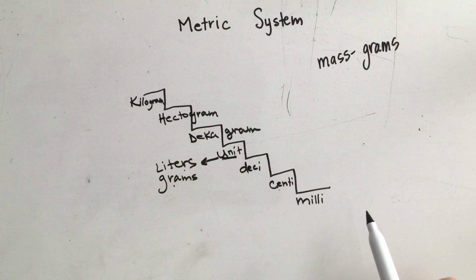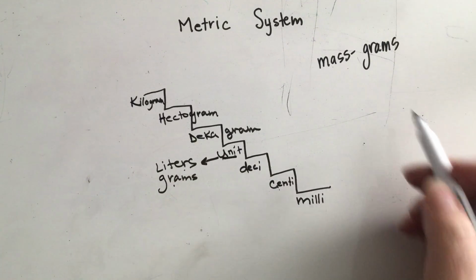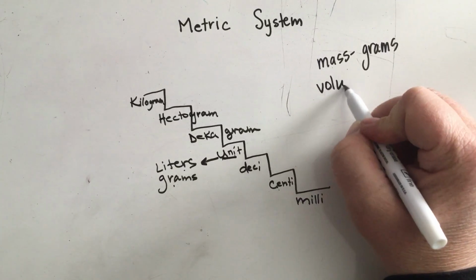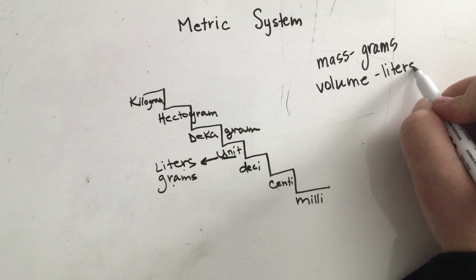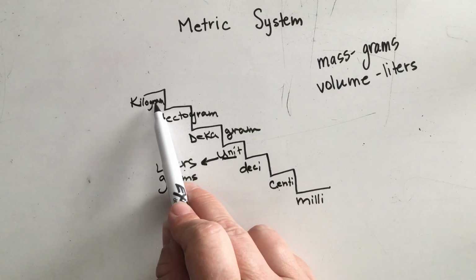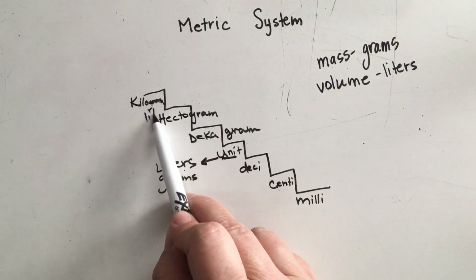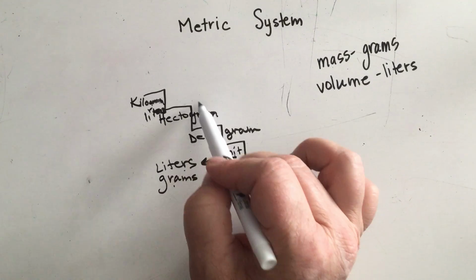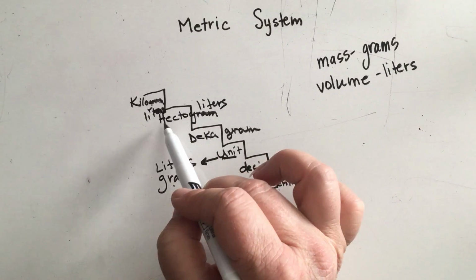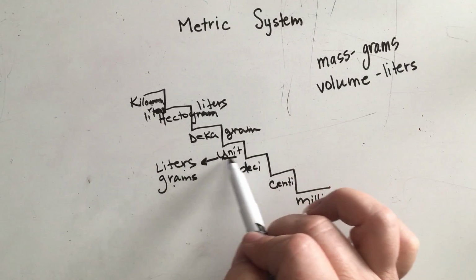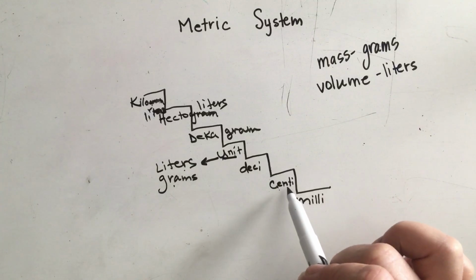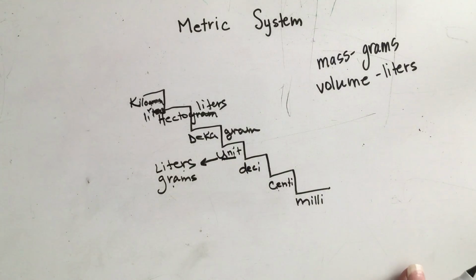If we're using volume, we are going to be using liters. Instead of grams, we would have liters here, and all the way down it would be kiloliters, hectoliters, decaliters, liters there, and then deciliters, centiliters, and milliliters.